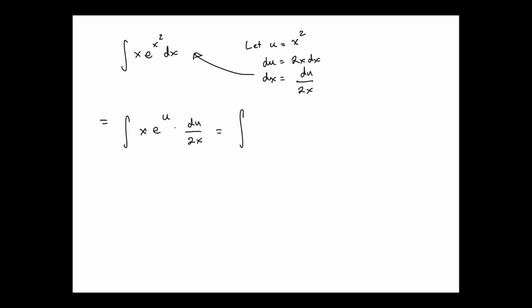Can I simplify? Because what happens to the x's? They cancel. Okay, so we've gotten to the point, have I chosen the correct u? Yes, because there are no x's left. Okay, does that make sense?